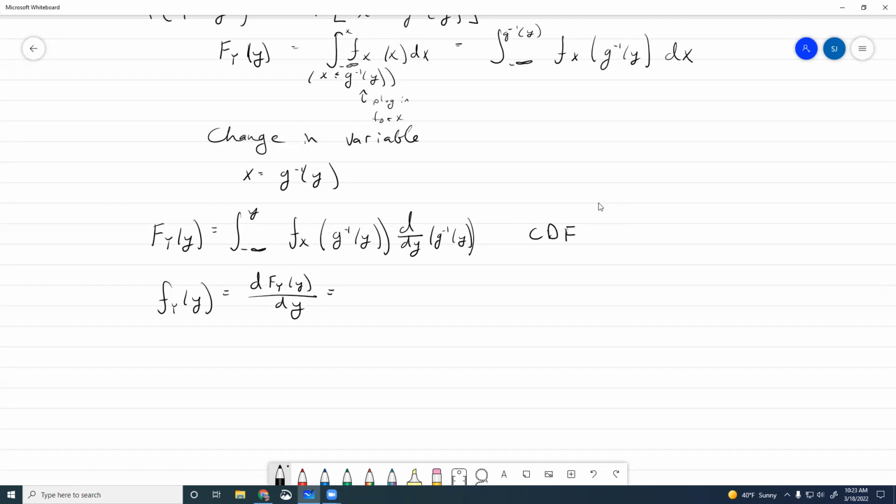And then by taking the derivative, you take away that integral. So we end up with the PDF of x evaluated at this function, times the derivative of that function.